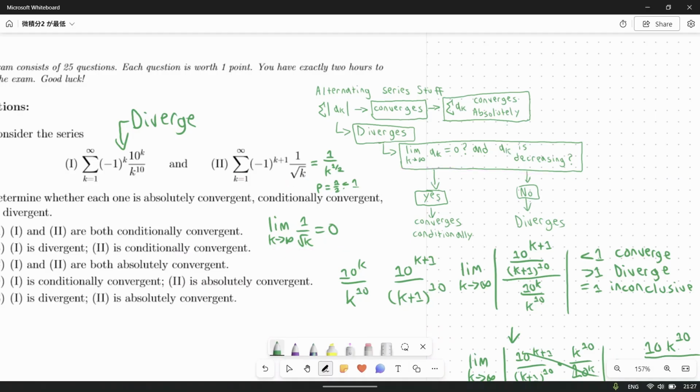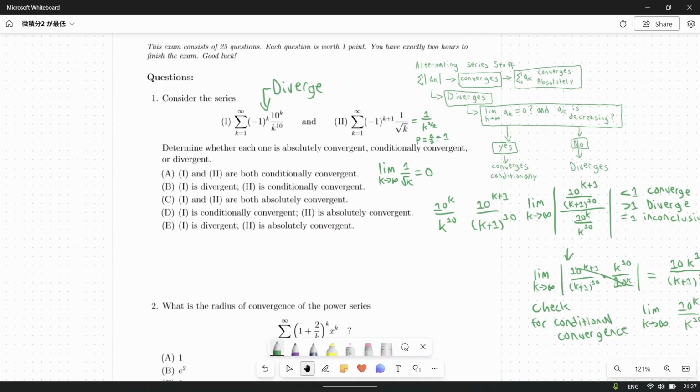Now, if you're still not convinced, you can also take the derivative of this series, and you'll find that that derivative is going to be negative. That's another way to see that it's a decreasing function. I'll write it out anyway.